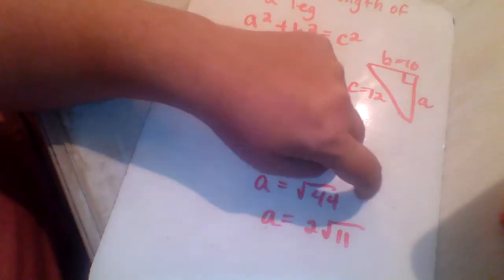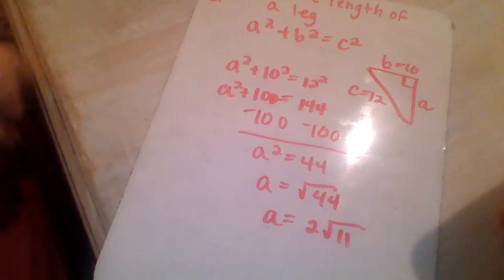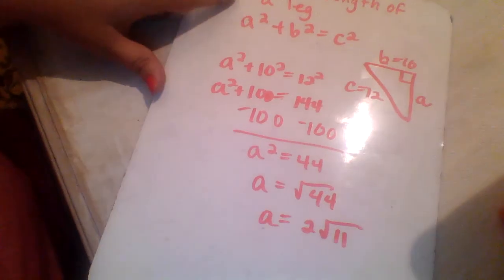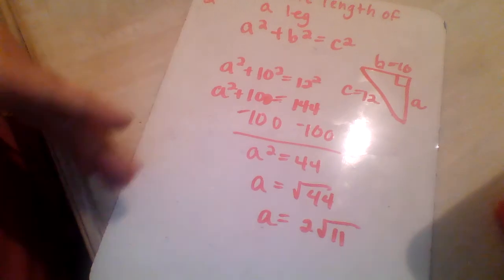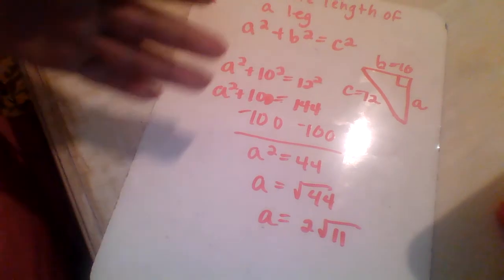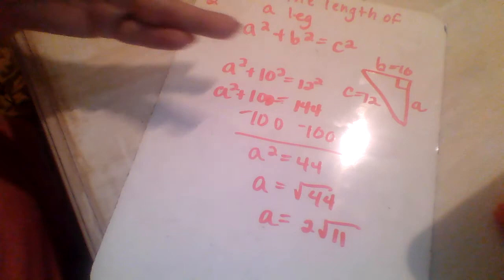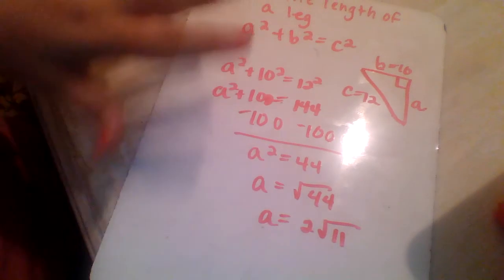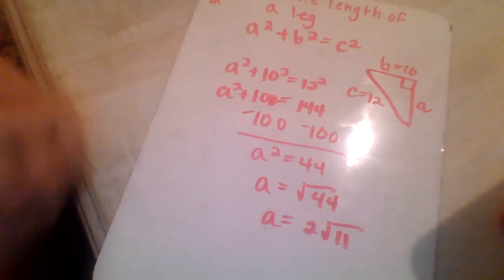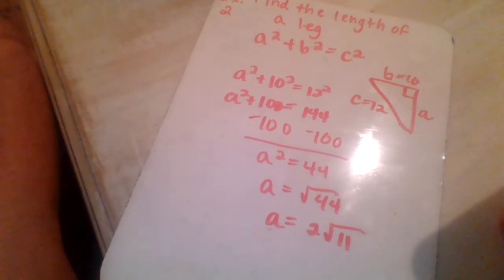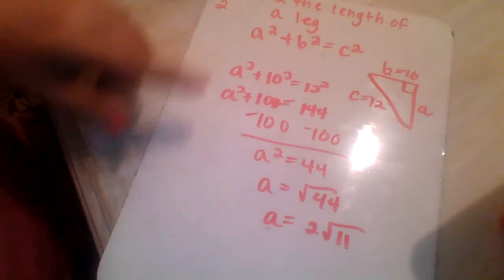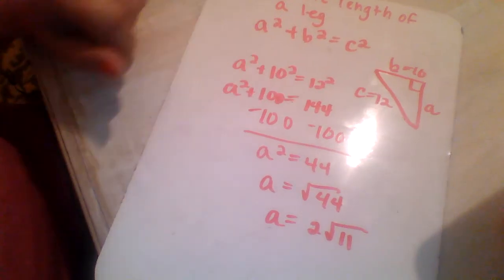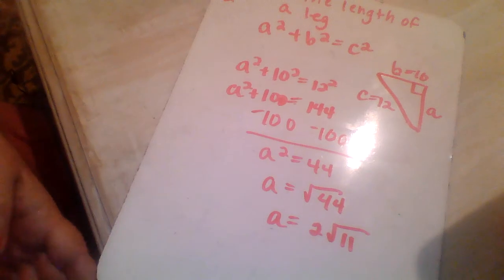We did square roots all last week. Okay? So in this example, we find the length of a leg by having the hypotenuse and one other leg. Okay, so you see how that always works? We can always find the relationship between those if we use the Pythagorean theorem.